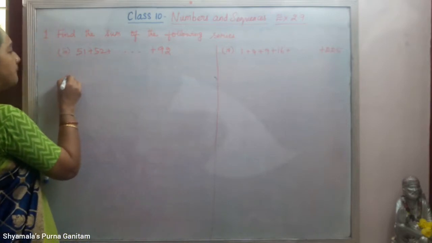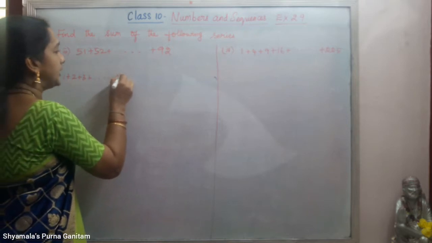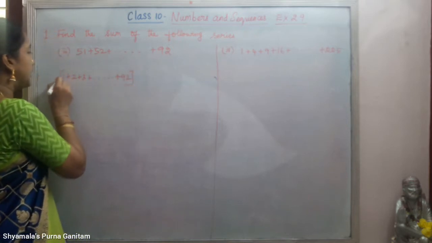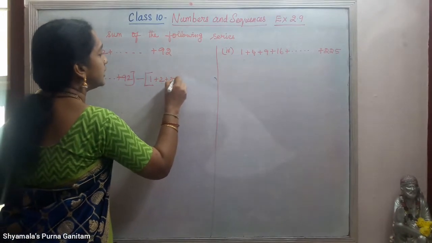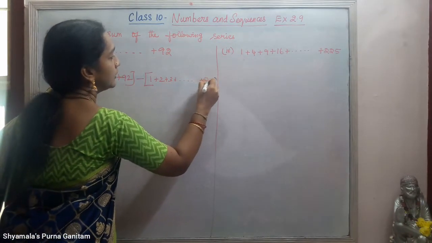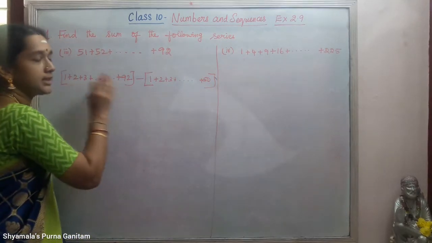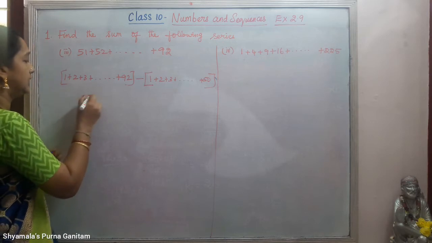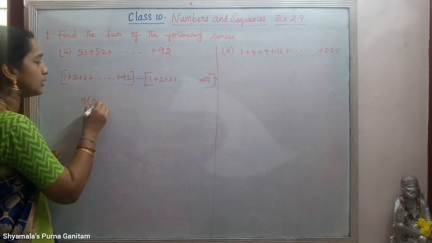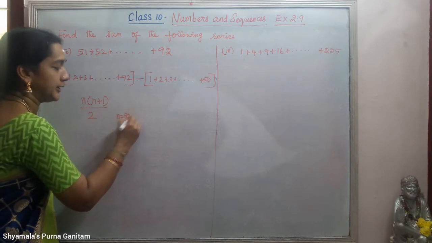So 1 plus 2 plus 3 up to 92 minus 1 plus 2 plus 3 up to 50. Now we got continuous numbers from 1 to 92. For this the formula is n into n plus 1 by 2, where n is equal to 92.